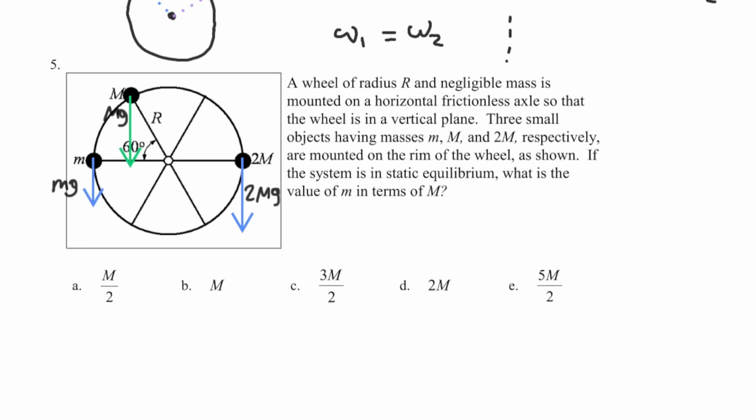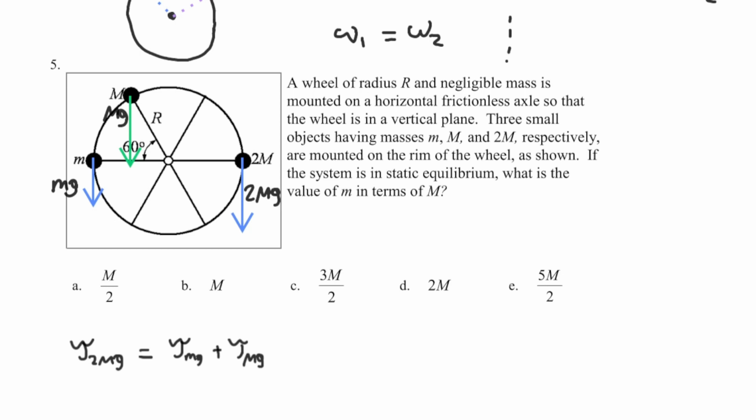So we can see that the big Mg is attempting to rotate the wheel clockwise, whereas the other 2 torques are combining to try and rotate it counterclockwise. So what we need is the torque from the 2mg to equal the torque from the little mg plus the torque from the big Mg.